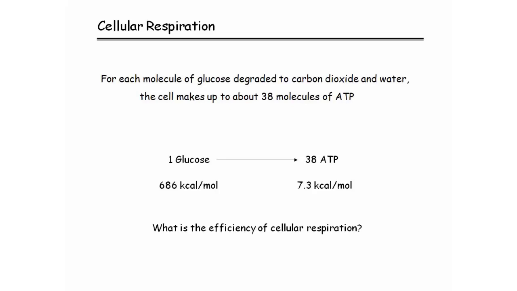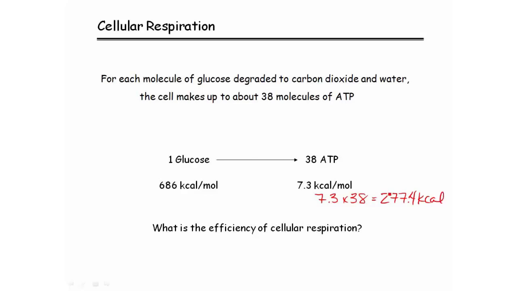So if we talk about the efficiency of respiration, we're going to take that 1 glucose and make 38 ATPs, which we said are 7.3 each. What that means is that if we multiply 7.3 times 38, we're going to get 277.4 kilocalories packed away in ATPs.